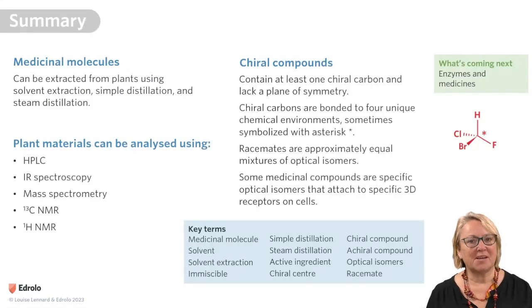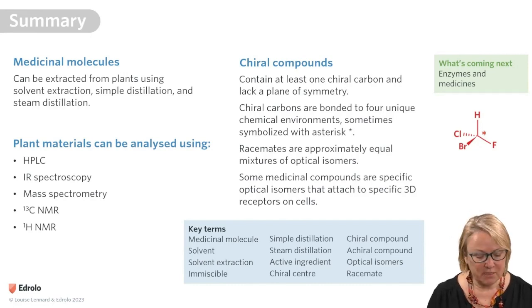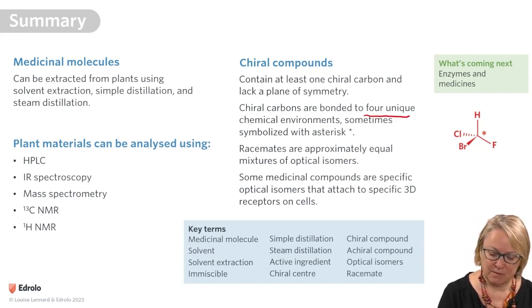Okay, so let's summarise what we've learnt. Medicinal molecules can be extracted from plants using solvent extraction, simple distillation and steam distillation. Plant materials can be analysed using HPLC, IR spectroscopy, mass spectrometry, 13 carbon and 1 proton NMR. Chiral compounds contain at least one chiral carbon, which means attached to 4 unique chemical environments.